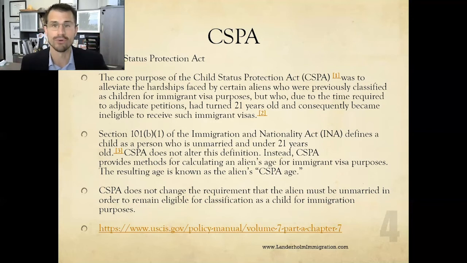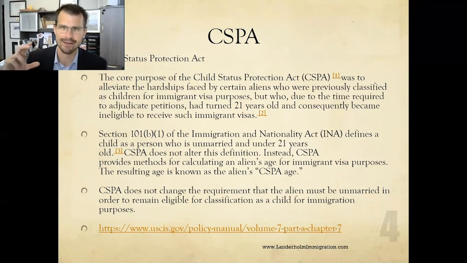Is that person protected? Are they still a quote unquote child? Or now do they have to wait 12, 13, 14 years under a whole different category, if they are the unmarried son or daughter of a U.S. citizen, for example? All right. And so that question can stress a lot of people out. And that's where the Child Status Protection Act comes into play.